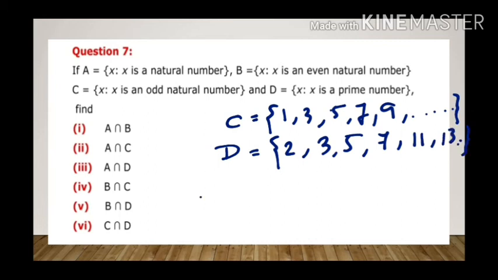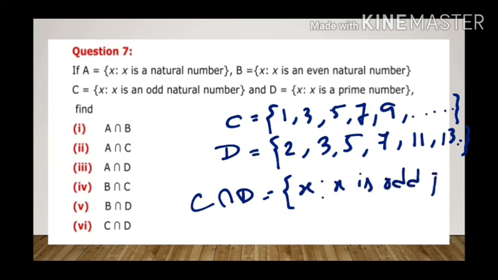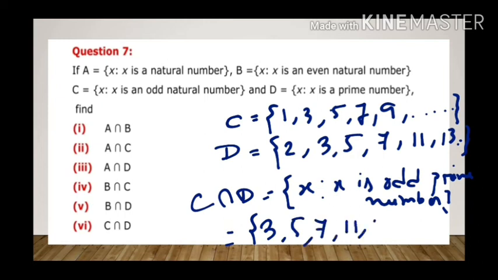So the intersection between them, C intersection D, will contain x, where x is an odd prime number. That means it will contain 3, 5, 7, 11, 13, 17 and so on.